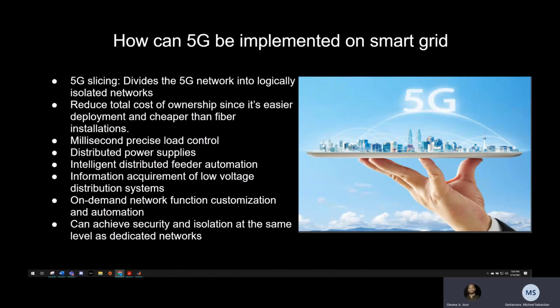Next, how can 5G be implemented on smart grid? So 5G slicing divides the 5G network into logically isolated networks, reduces the total cost of ownership since it's easier deployment and cheaper than fiber installations, enables millisecond precise load control, distributed power supplies, intelligent distributed feeder automation, information acquirement of low voltage distribution systems, on-demand network function customization, and automation.